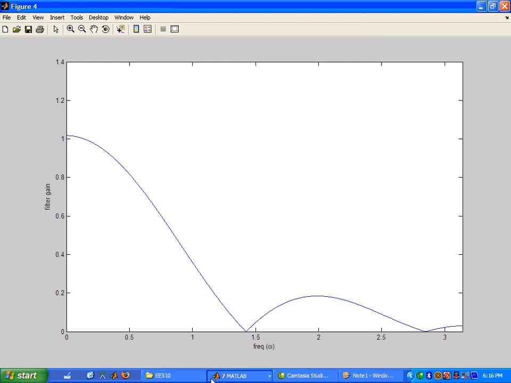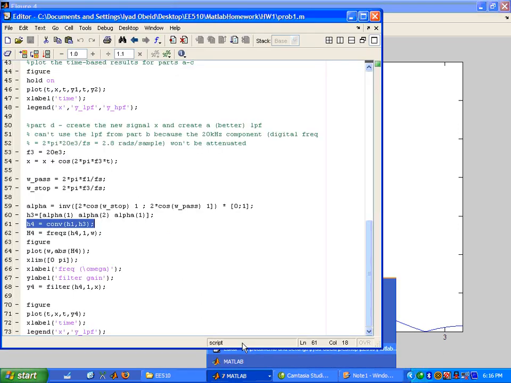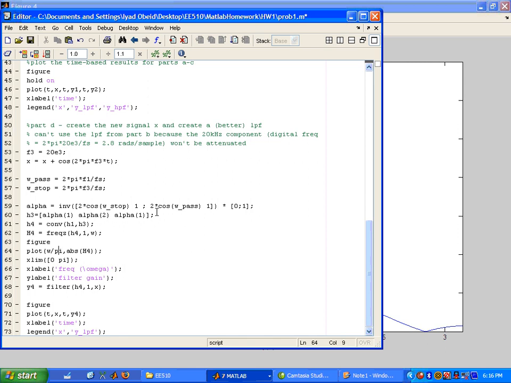We could, just to get you comfortable with the fact that we don't even have to guess, when I go to create the plot, so right now I'm plotting it versus omega. So if I divide that by pi, and I multiply that by, I know pi should correspond to half my sampling frequency. Is that correct? Right?